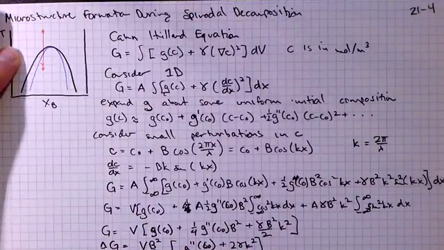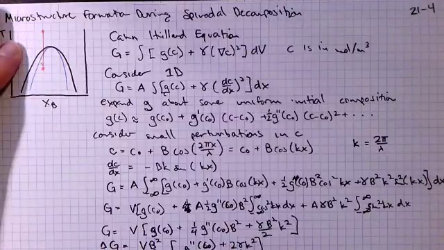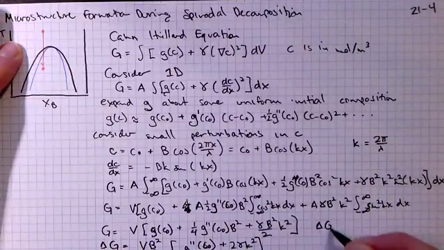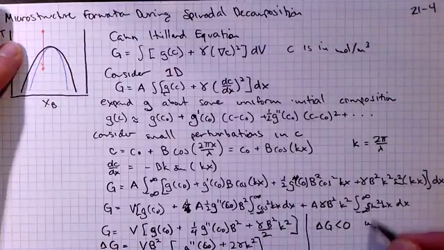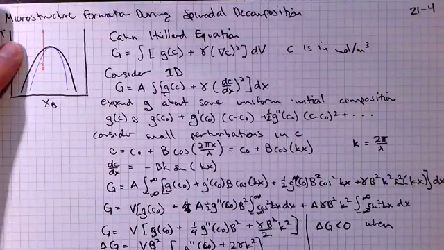Okay, so we can see delta G is going to be negative, right? Only under certain conditions, right? Delta G is less than 0 when, so it's not sufficient that G'' has to be negative.